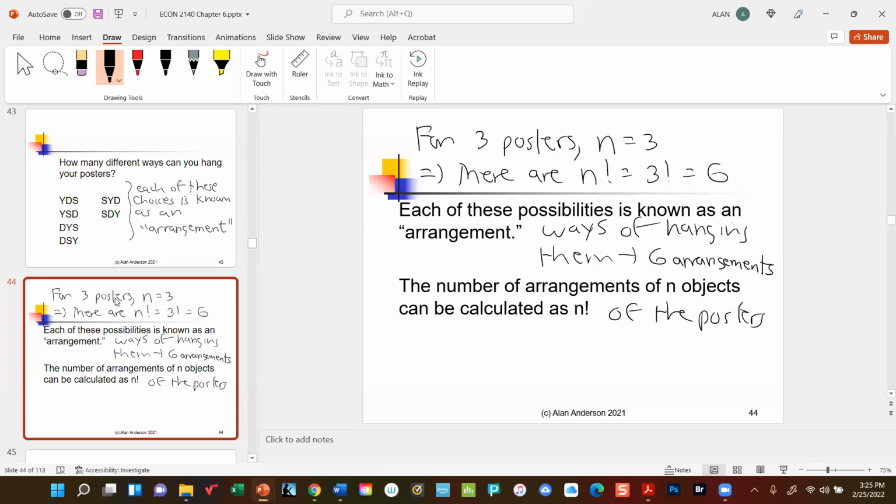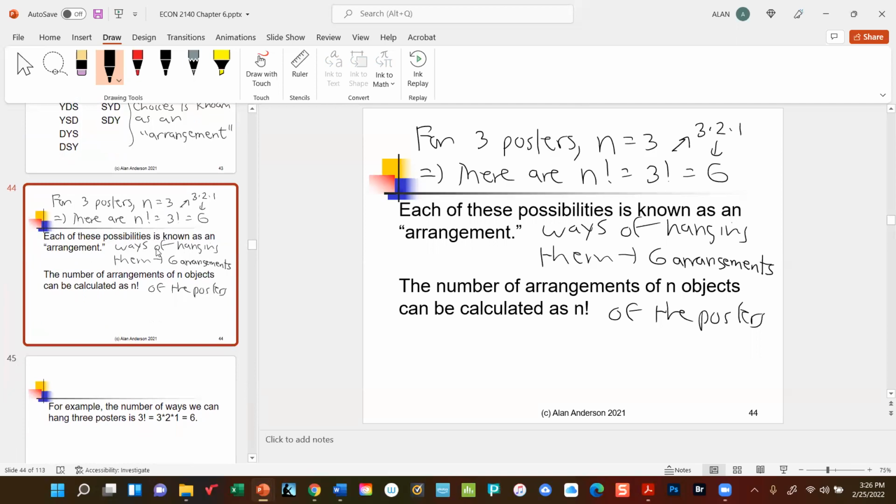That's all I have to do. So instead of writing them all down, I can just say, this is 3 factorial. Easy. It's equal to 6 because 3 factorial is equal to 3 times 2 times 1, which is equal to 6. Oh, wow. So that's what that means.